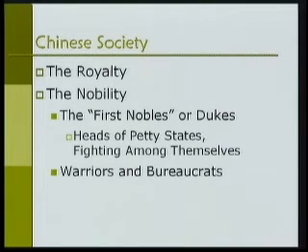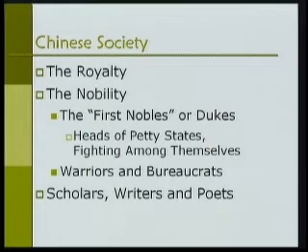The nobility also had the warrior class and the bureaucrats, those who managed China or controlled China, and warriors. Also, in China, just like in any other culture, but maybe much more in China, you see the rise of the scholars during the Zhou Dynasty, the writers and the poets. So these would be also considered like a separate class, the scholars, the writers and the poets, and they would have their own status in the society.